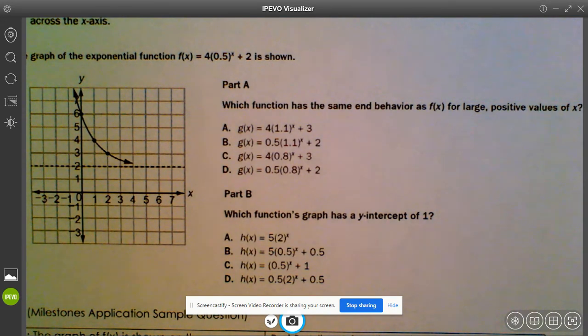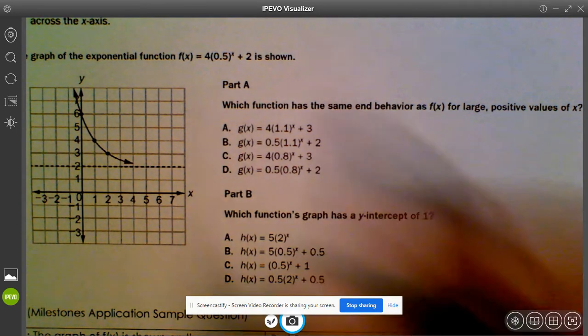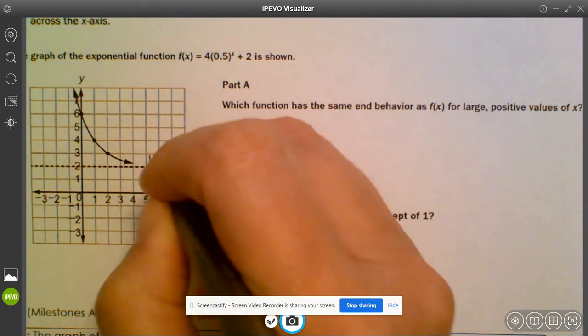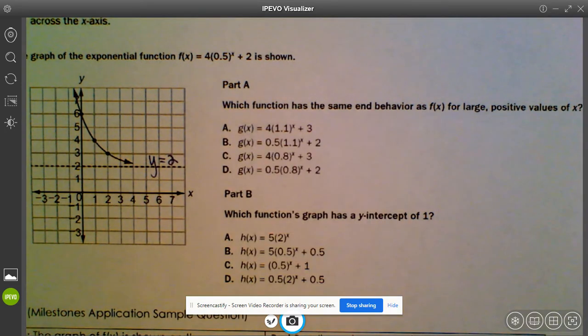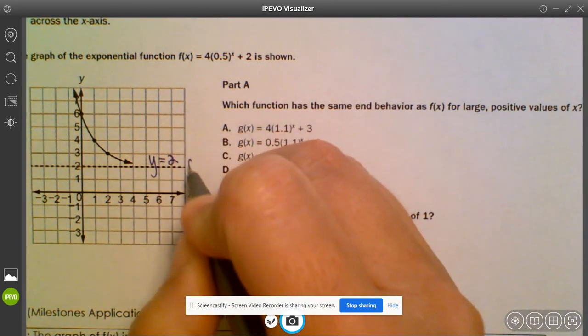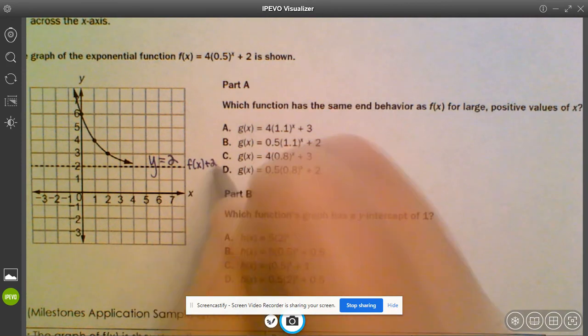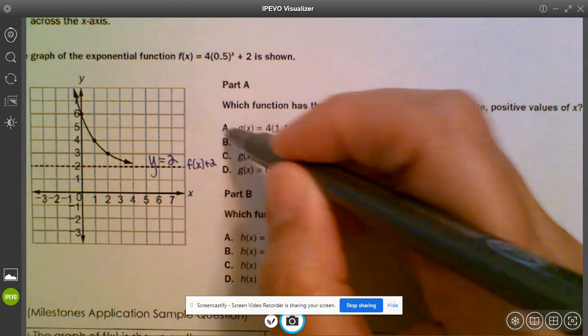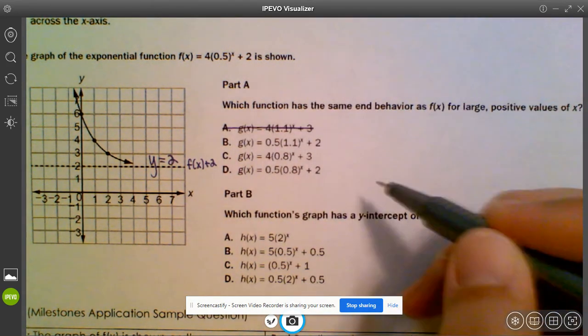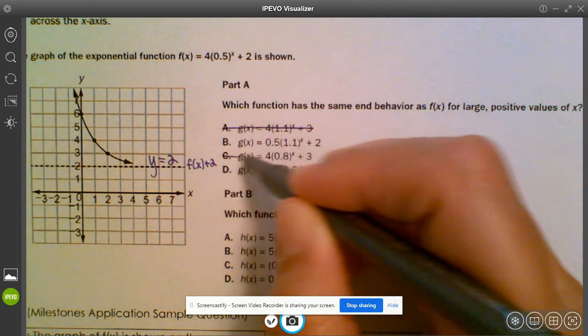All right, so here are the things that I'll notice. This has an asymptote of y equals 2. So I know that whatever function we have, we've shifted it up 2. So I can throw out A, and I can throw out C.